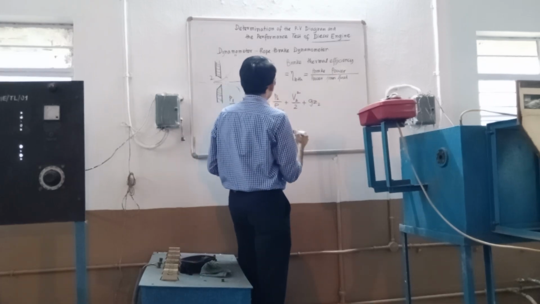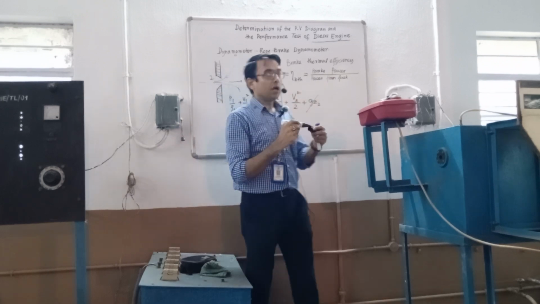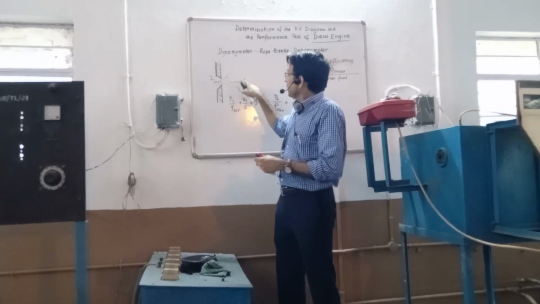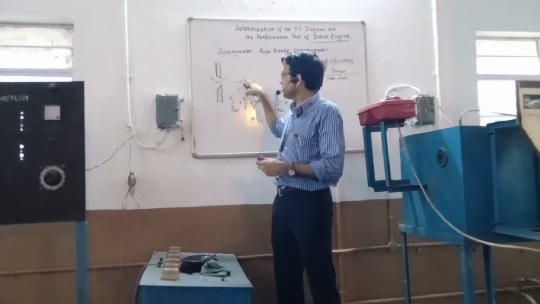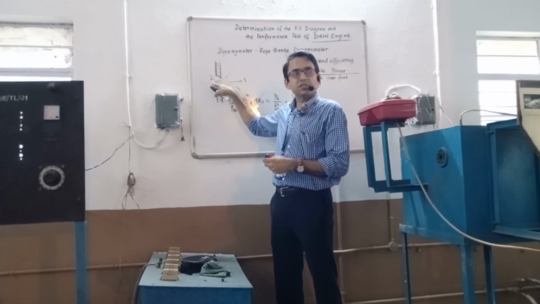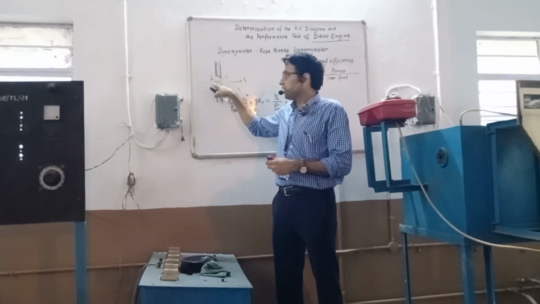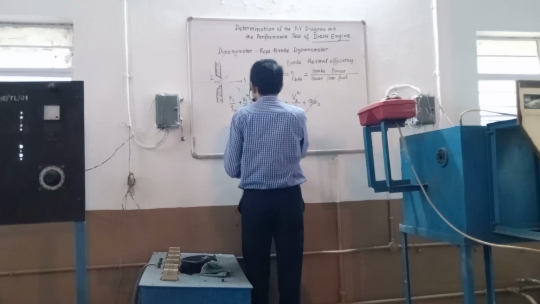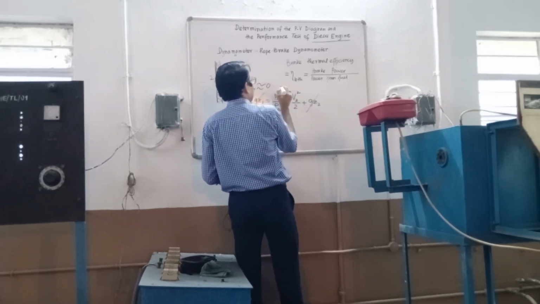Now these two potential terms are basically the same. Another thing is that here the area is much more compared to this area. Therefore, velocity here will be much less compared to this, because the flow rate, that means the discharge, is constant. Therefore V1 is much less compared to V2, almost 0.